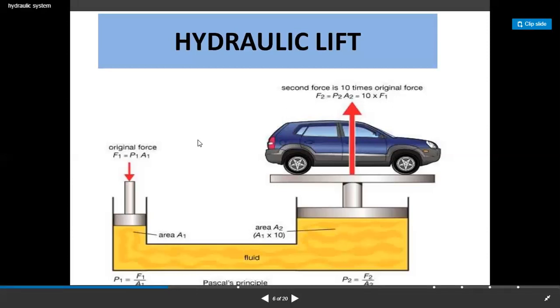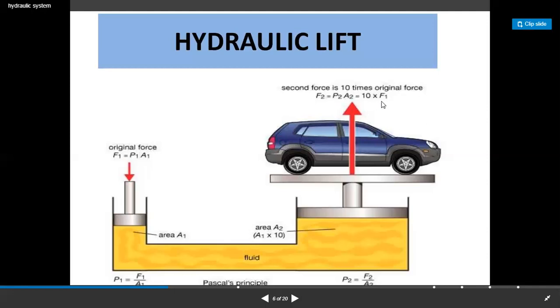If we apply the force in cylinder 1 two times, then F2 is equal to P2A2 is equal to 20 into F1. Why?